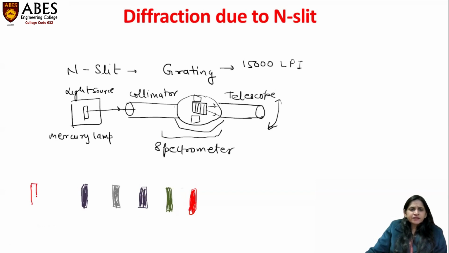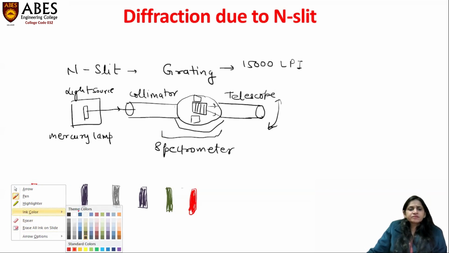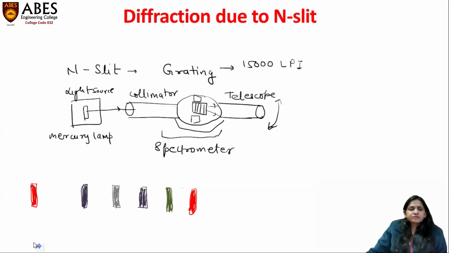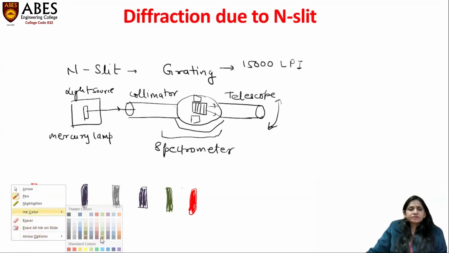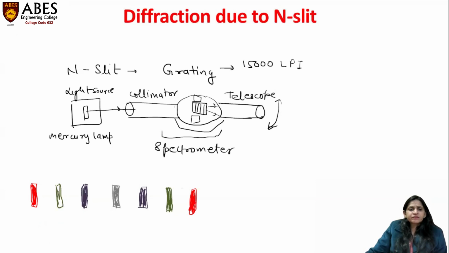Here also we get a red color. We get VIBGYOR because when white light bends with the help of a grating, it gives VIBGYOR.